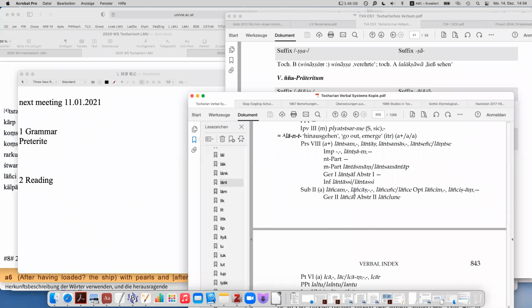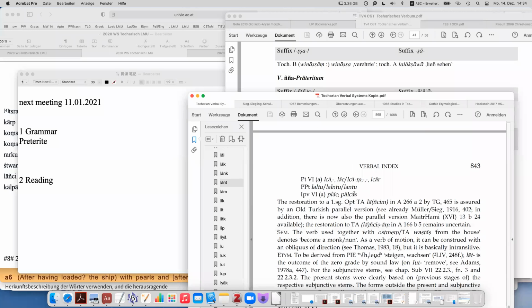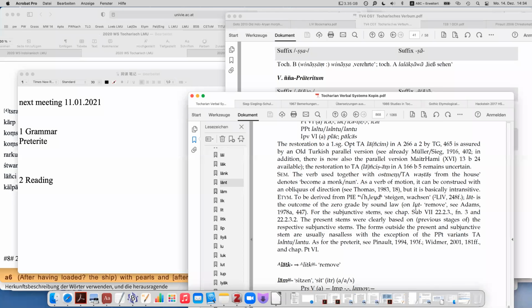But originally the root goes back to Proto-Indo-European leut, and this root actually means to climb, steigen, wachsen, to grow, to climb, and so on.